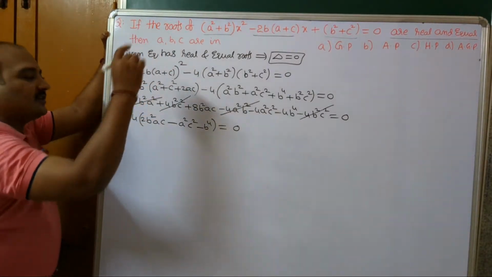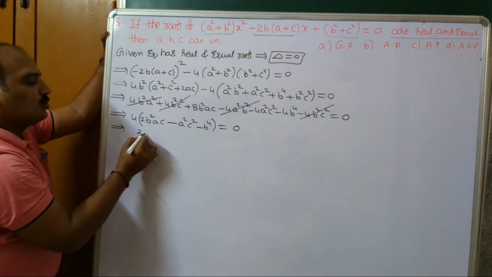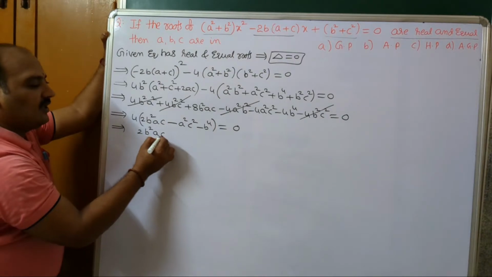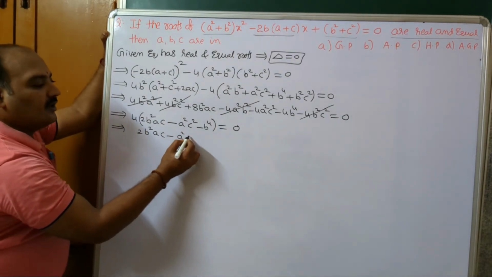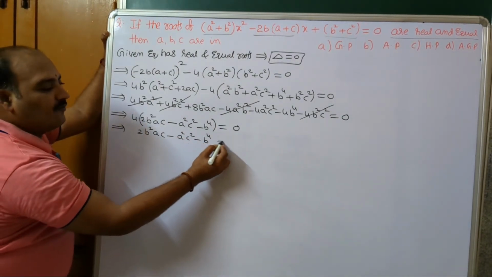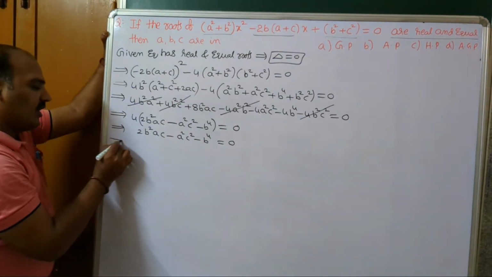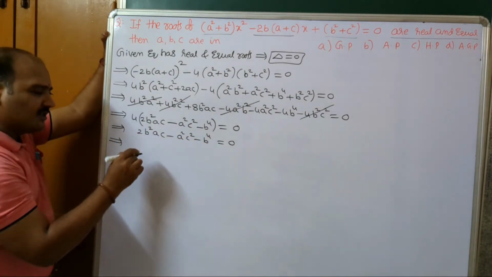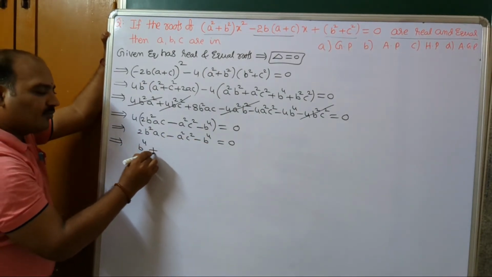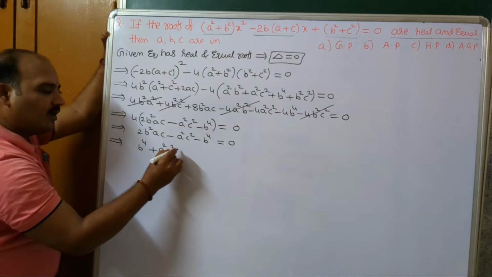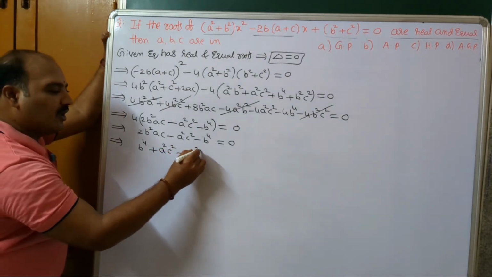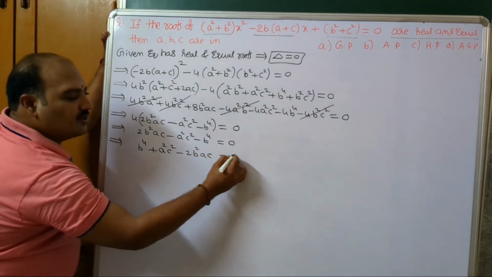So 4 bring that side: 2b square ac minus a square c square minus b power 4 equal to 0. Now multiplying by minus, why am I doing like this? Because these two will be interchanged. Right? b power 4 plus a square c square minus 2b square ac equal to 0.